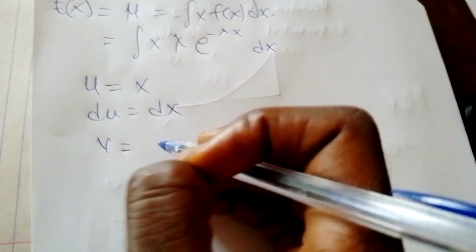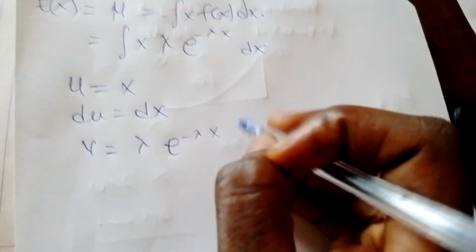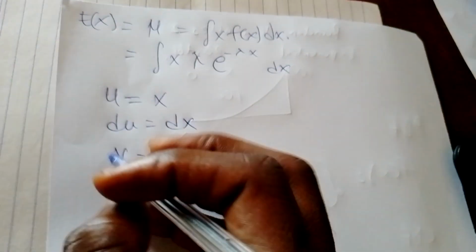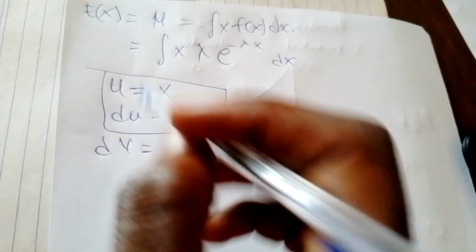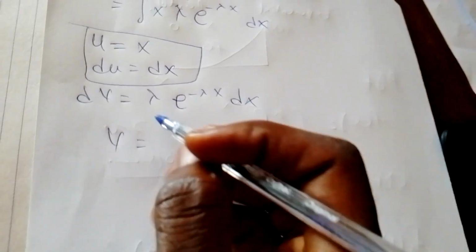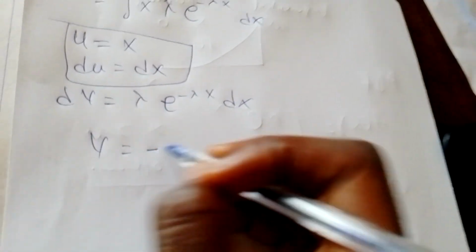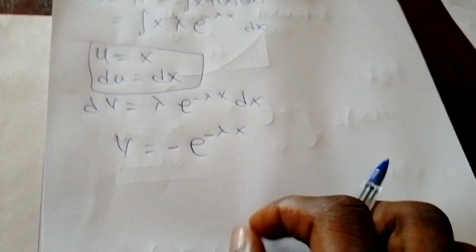Then we set dv equal to lambda e power negative lambda x dx, which means v will be the integral of that. When you integrate, you get negative e power negative lambda x, ignoring all the constants.